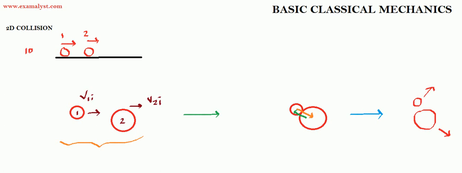But since the force is acting along this line, I can divide the force, and I can say that the force has two components, one upward and one forward component. Agreed? I can do that.